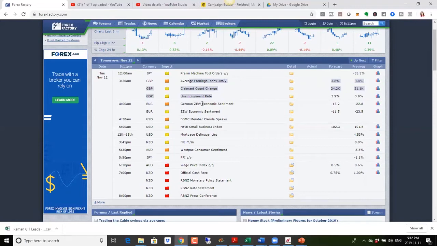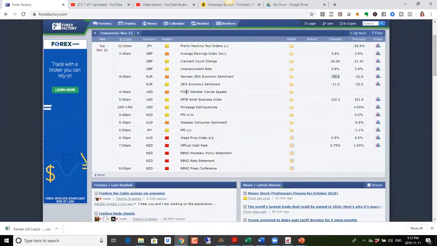And we also have a ZEW economic sentiment here, which is for our Eurozone. If this number is worse than what's expected, we could see a negative impact on the euro. Other than that, we have one of the FOMC members speaking, but the New York session seems fairly quiet. We also have Westpac consumer sentiment numbers.